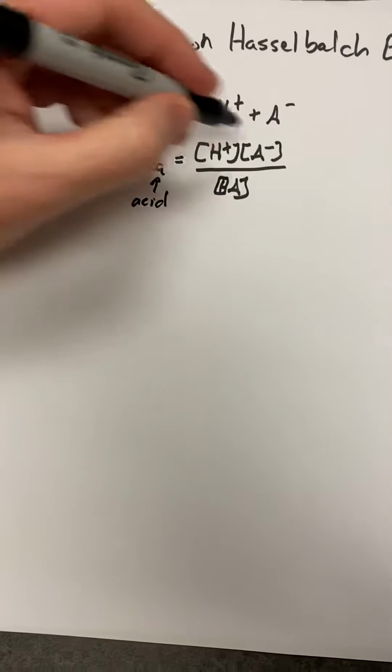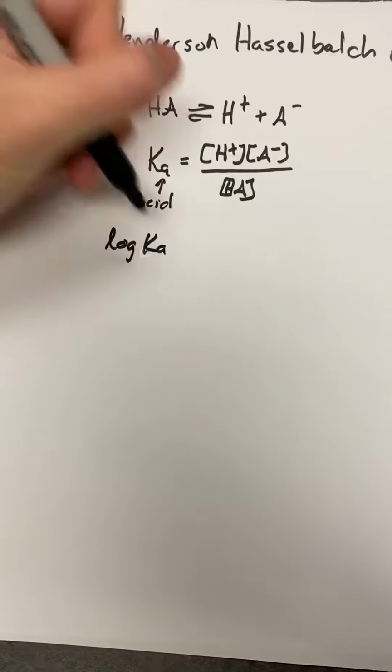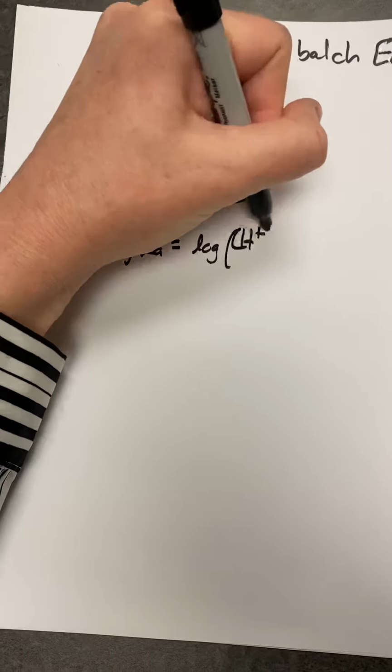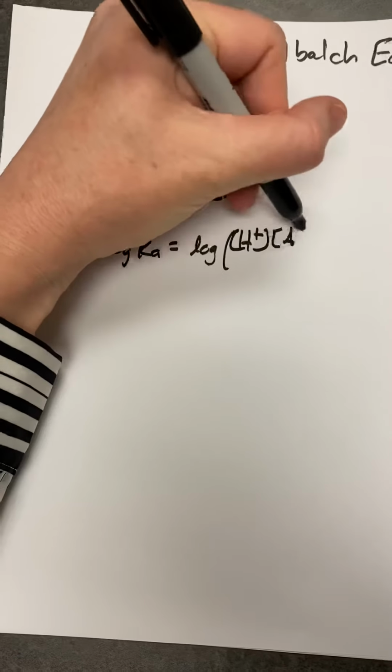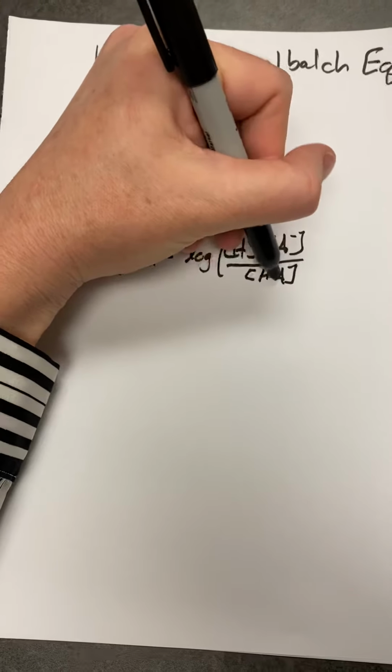So what we're going to do, we're going to first take the log of both sides. So we'll have the log of Ka is equal to the log of H plus concentration times the A minus concentration all over that of the initial acid concentration.